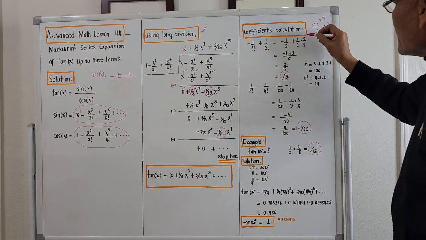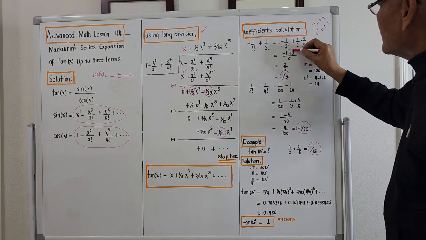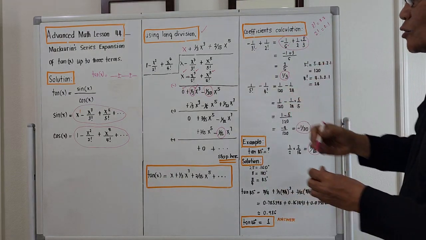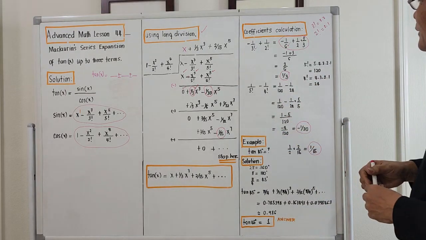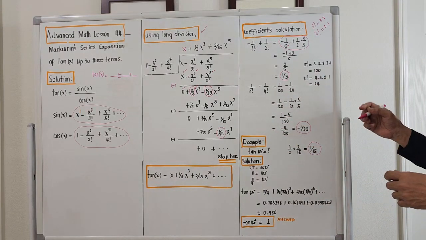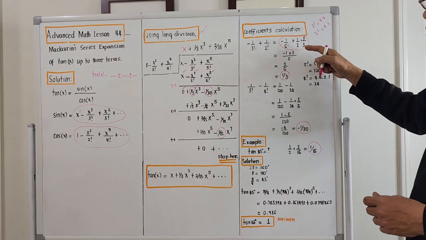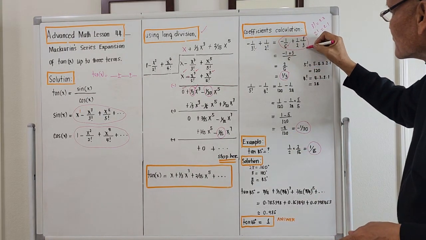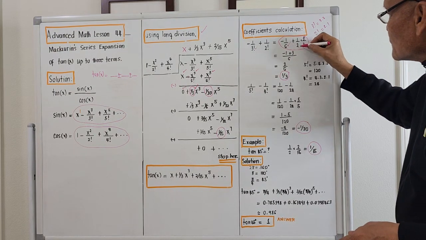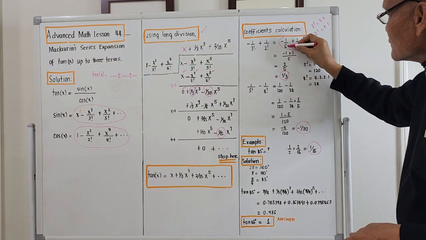Then we combine this one here. So we are adding two fractions with different denominators. To add it, let's convert the second one so that the denominator is 6. So we will multiply this by 3 over 3, because 2 times 3 will be 6, and this is 6.